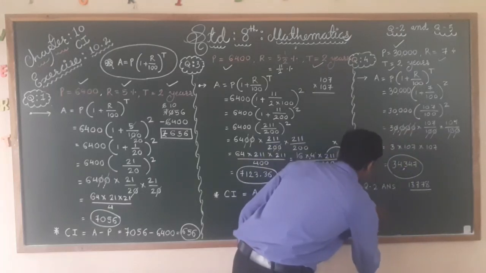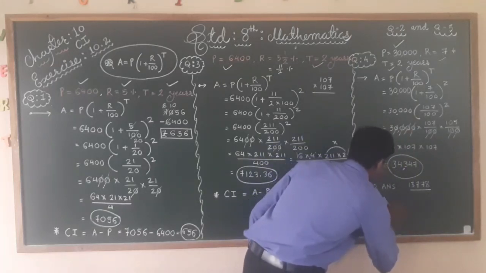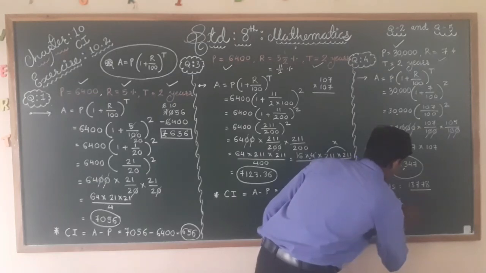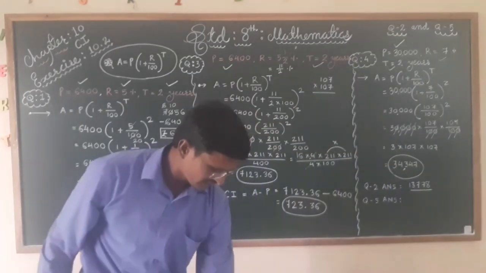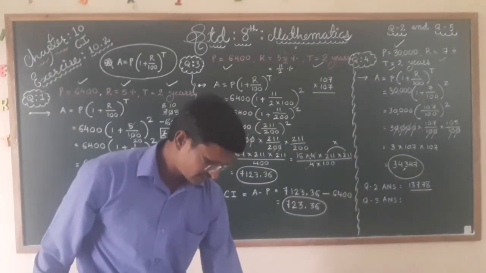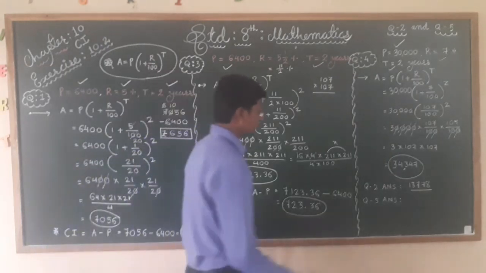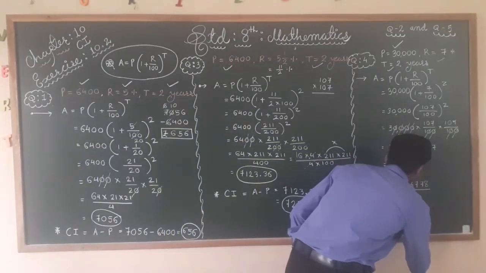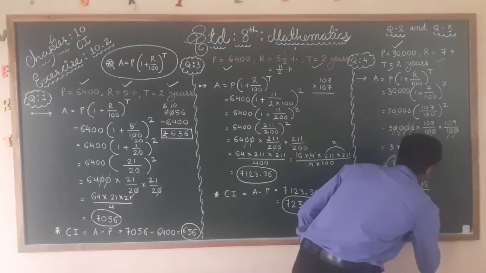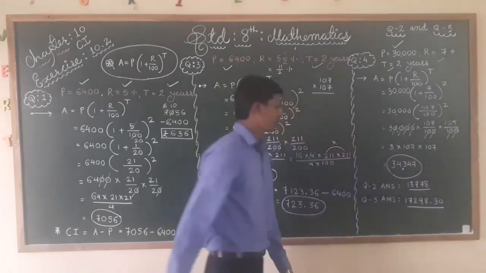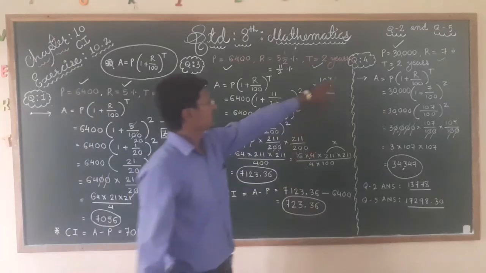Then question number 5 answer you will get, that is 17,298.30. So this answer you will get when you will solve by using this method.